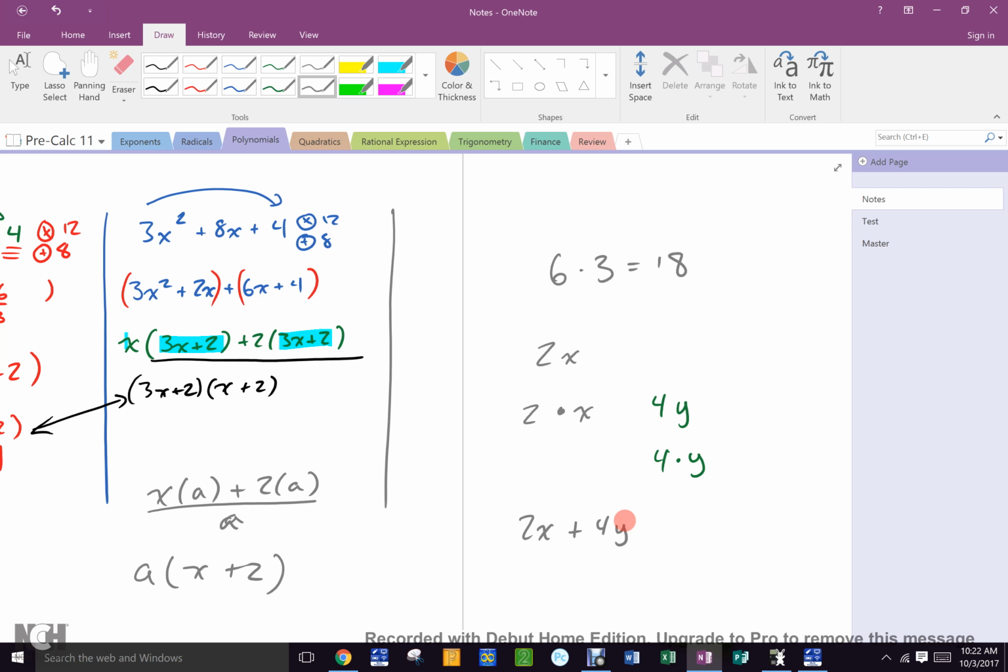Thank you. What is the GCF here? 2. So if I was going to GCF, I've decided on my GCF, it's 2, right? So I'm going to divide it all by 2, and I'm going to write it as 2 times x plus 2y, correct? Can everybody do that?